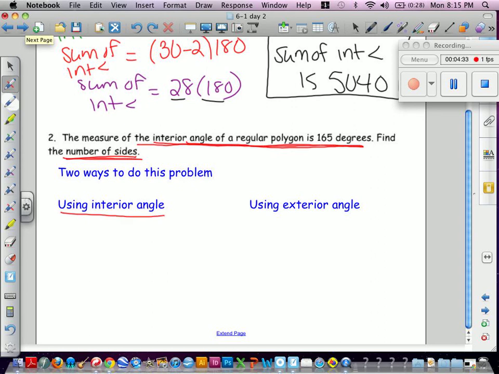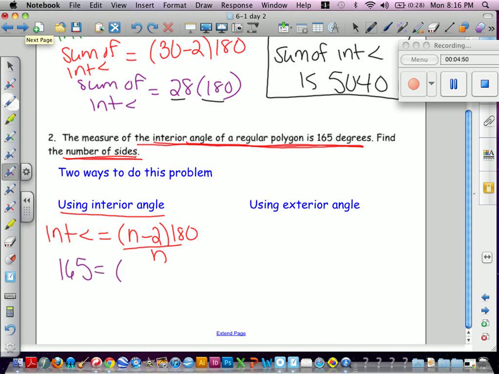That interior angle formula is n minus 2 times 180 divided by n. My interior angle is 165. My goal is to find the number of sides, so I'm looking for the n.